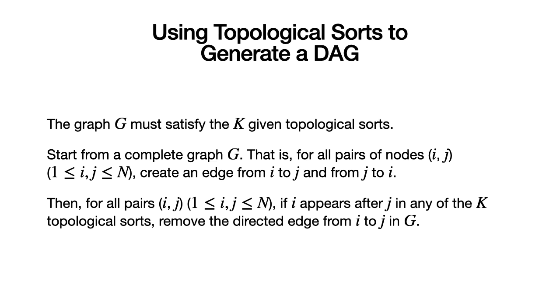So let's start from a complete graph G. That is, for all pairs of nodes I, J, let's create an edge from I to J and in the opposite direction from J to I. Then, for all pairs I and J, if I appears after J in any of the k topological sorts, then it will violate the first property of topological sorts, and therefore we must remove this edge from the graph G. After we do this for all pairs of nodes, we will have a valid graph based on the topological sorts. Let's look at an example.